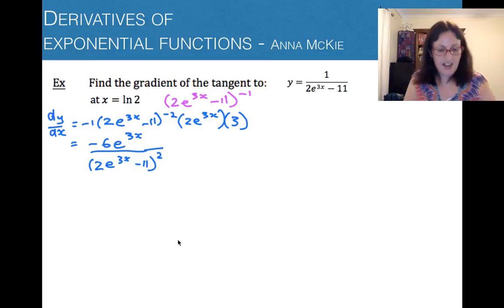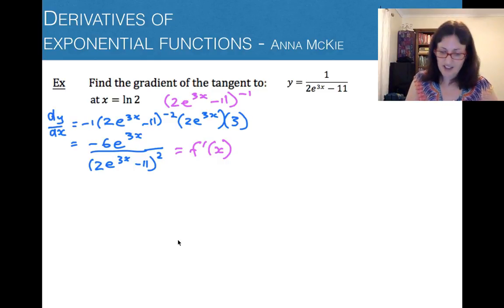We need to work it out at x is equal to ln2. Now, when you sub in a value like that, it's actually much easier to use the function notation. So feel free to just change to that as opposed to the dy by dx. So let's just call that f dashed of x. They're the same thing. So now let's sub ln2 in for x.